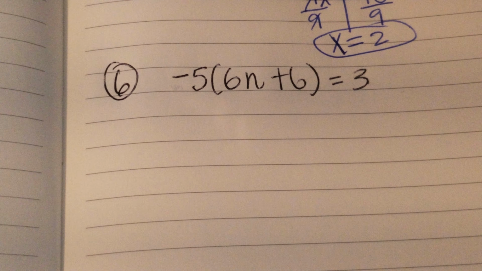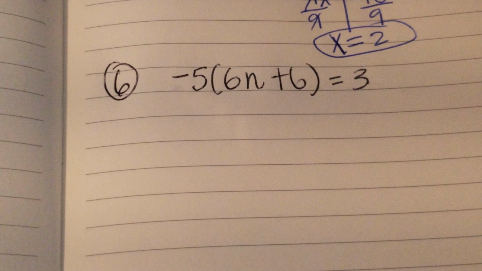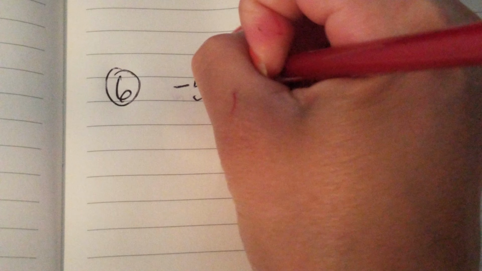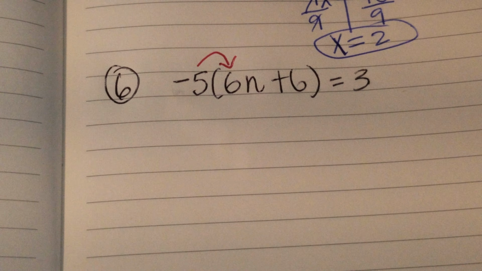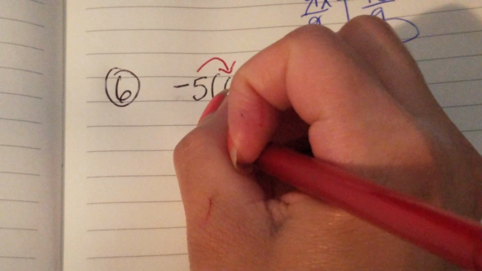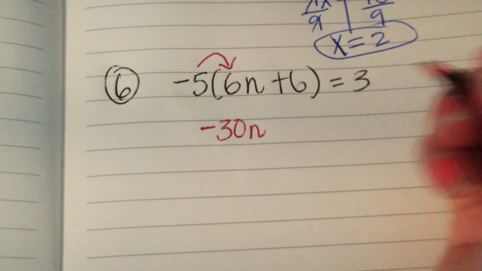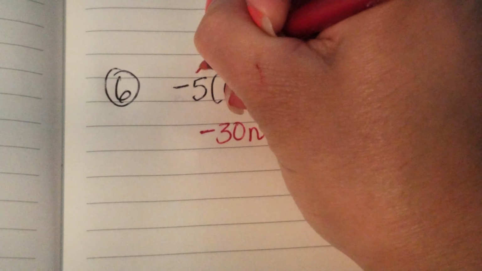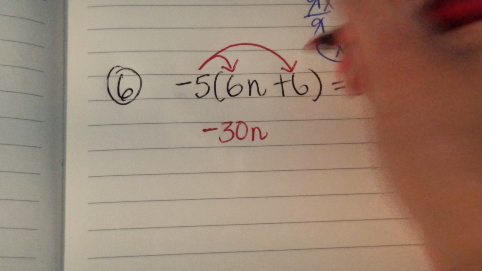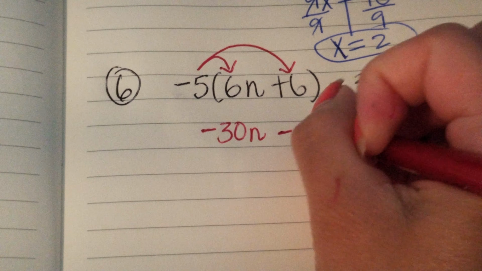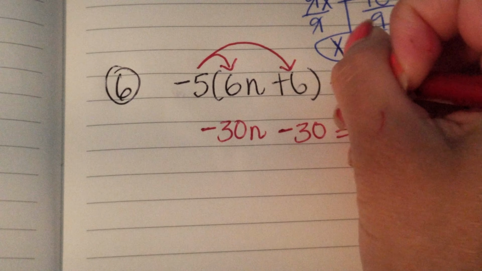Number 6 has the parentheses. So first I have to distribute this negative 5 times 6n. So negative 5 times 6, that will be negative 30n. And negative 5 times 6 again, that will be negative 30 equals 3.